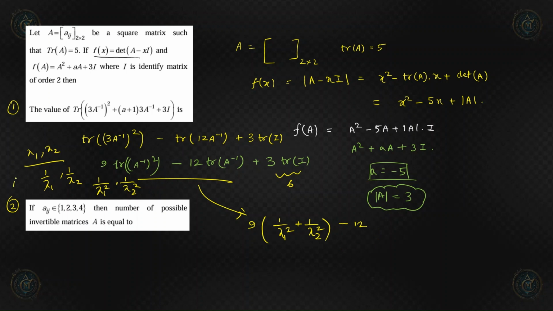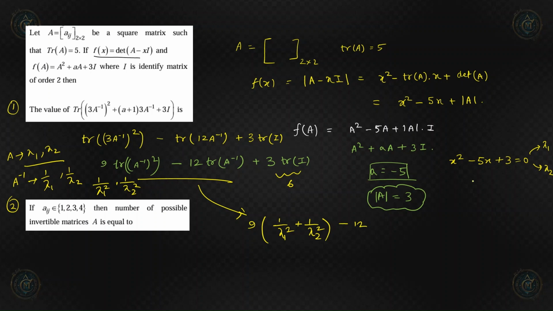Now A inverse has these eigenvalues, and A has the eigenvalues lambda 1 and lambda 2. We are assuming lambda 1 and lambda 2 to be the eigenvalues of this A matrix. So lambda 1 and lambda 2 will be the roots of which equation? They will be the roots of x square minus 5x plus 3 equal to 0, because this is the characteristic equation of this A matrix.